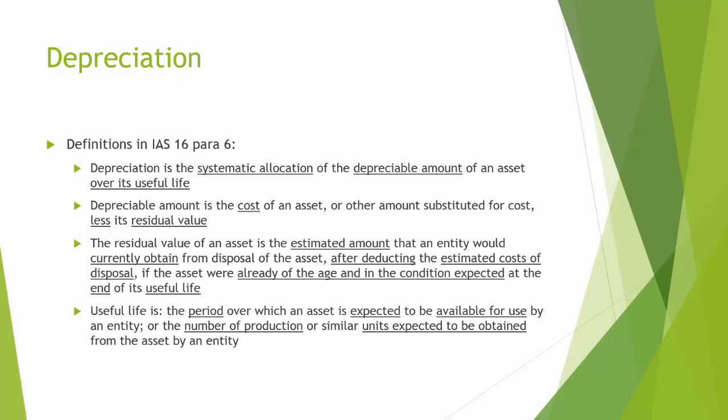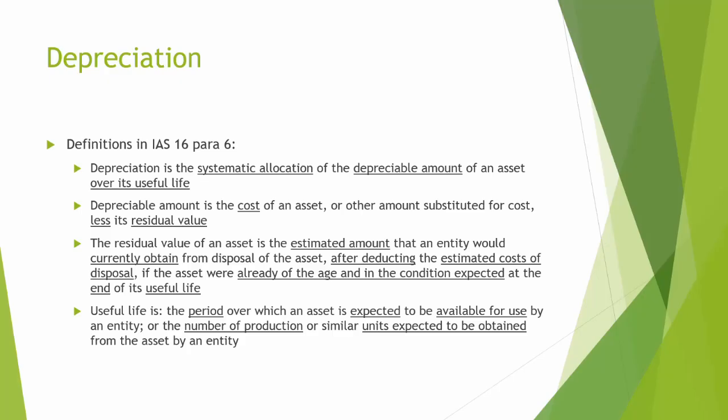And the residual value, the definition is that it is the estimated amount that an entity would currently obtain, in other words, they will obtain today from the disposal of the asset after deducting costs of disposal, if it were already of the age and condition expected at the end of its useful life.